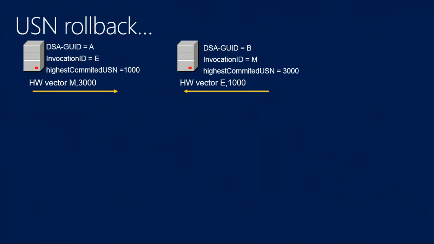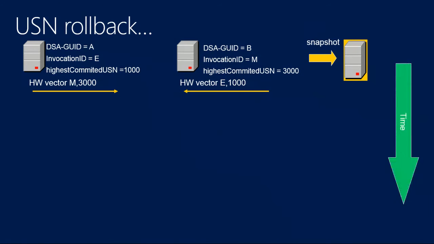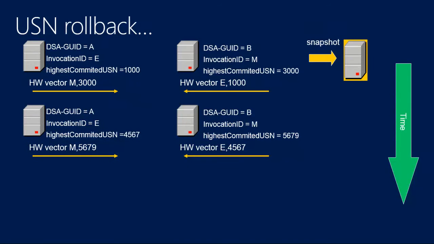And then the other side is keeping a high watermark vector to database E of 1000. Okay, we take a snapshot. Time moves on and things change, attributes change, and so on. After replication, we'll have the appropriate high watermark vectors again. So on the second line, everything is up to date: a high watermark vector to M of 5679 and a high watermark vector to E of 4567.